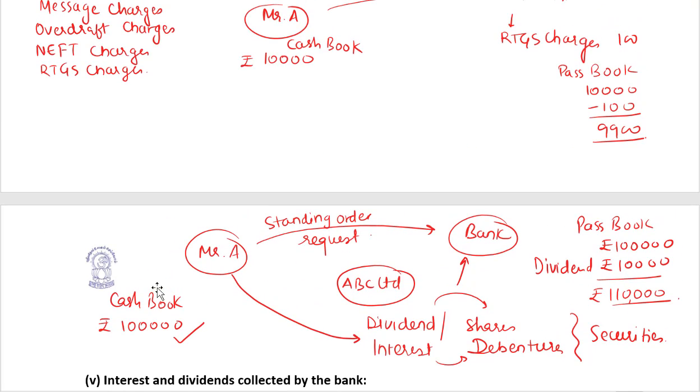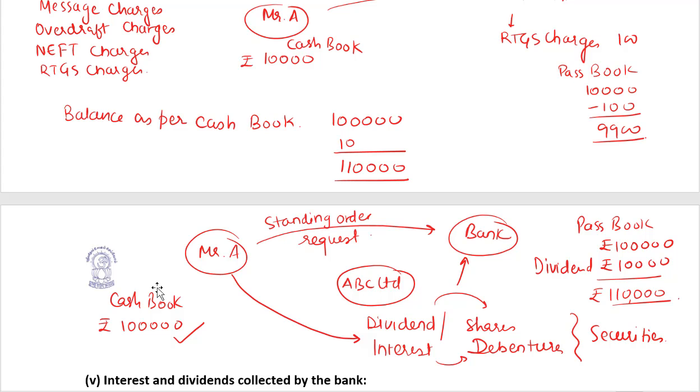So either we need to reconcile cash book with passbook. I believe you understood. So over here, if we are making the cash book first, if we are given balance as per cash book, over here the balance as per cash book is 1 lakh and we need to reach 1 lakh 10,000. That means we need to add this 10,000 in the cash book.